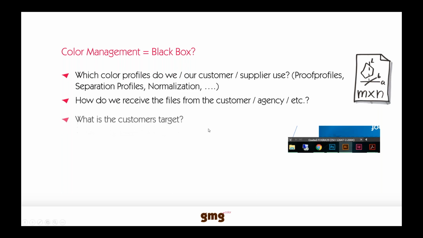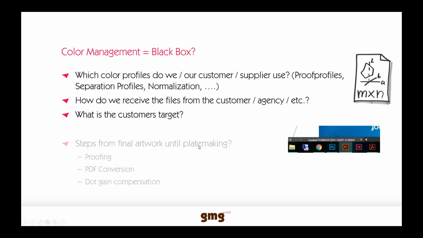Also, what is the customer's target really in case of color? What does the customer want to have? Is it always ISO Coated v2? Is it something special? Some old prints? So there's also a bit of confusion about what fits in this big black box of color management.